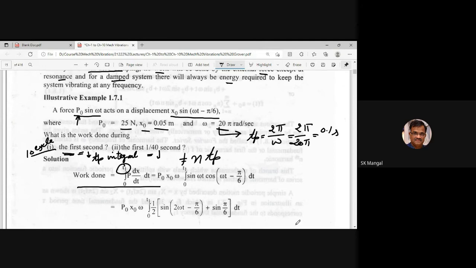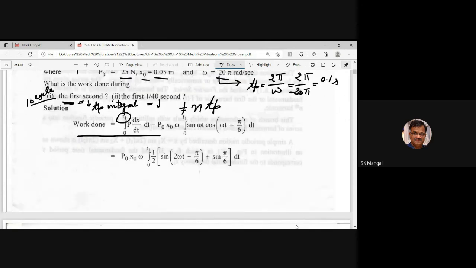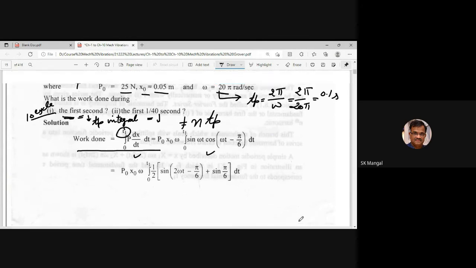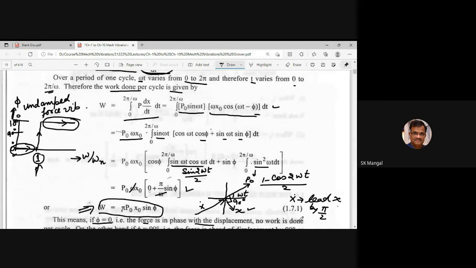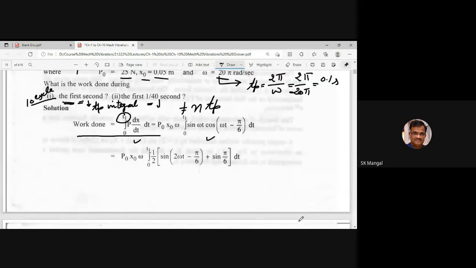Here again you have the same equation, the same value, except that phi has simply been changed to minus phi.